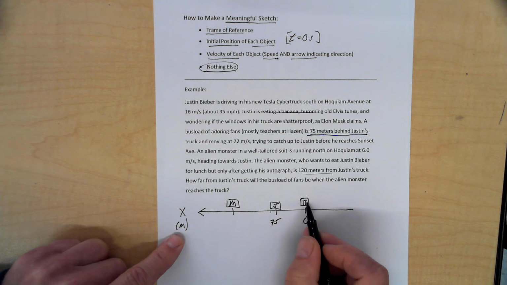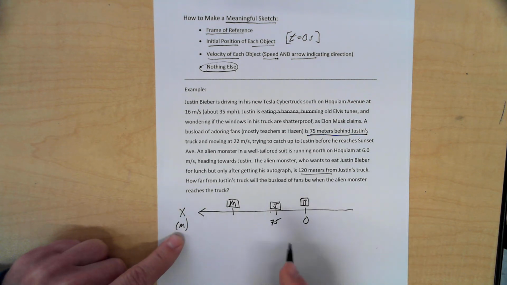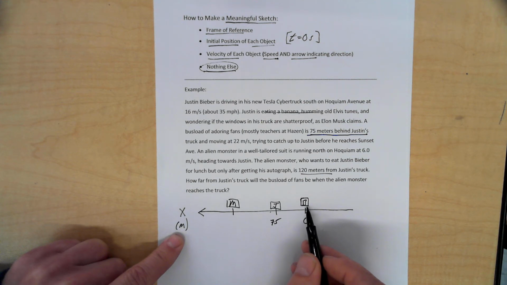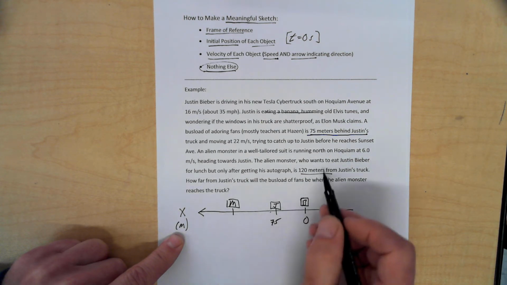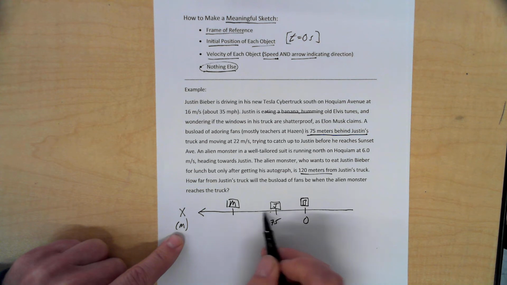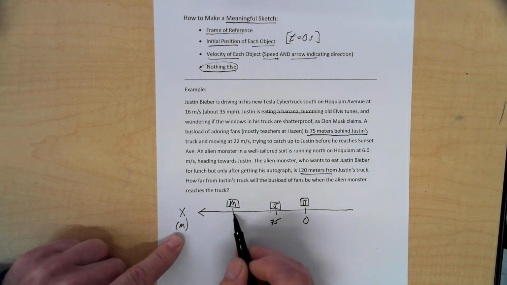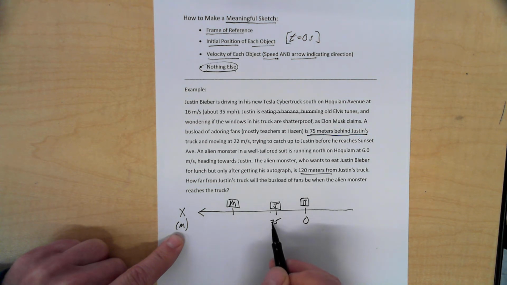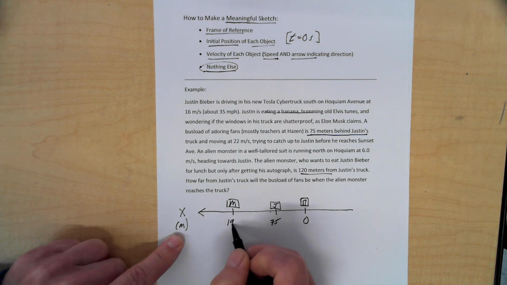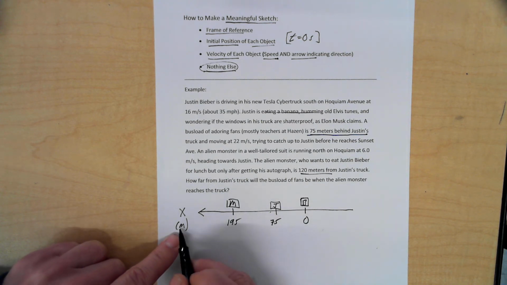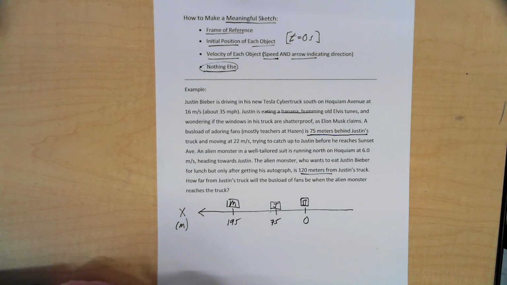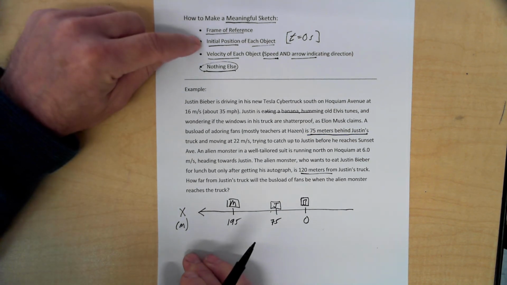I put the bus at the origin. You don't have to do that, but I'm going to. Now where's the monster? We don't want to just say 120 because the monster is 120 from Justin. So what's 120 plus 75? 195. These are all going to be in meters. So we've done our frame of reference, and we've done our initial position.